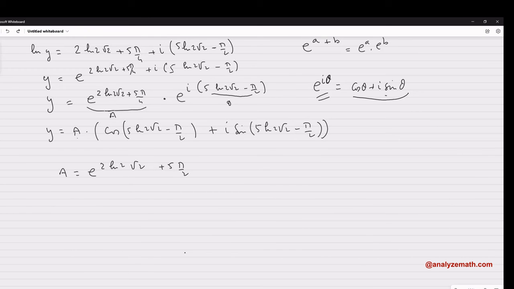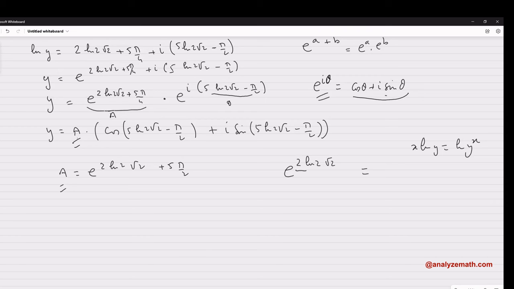Now let's make some simplifications starting with A. A is equal to this, e to the power 2 ln 2 square root 2 plus 5 pi over 2. So let's go here, e to the 2 ln 2 square root 2. Now, x ln y is equal to ln y to the power x.